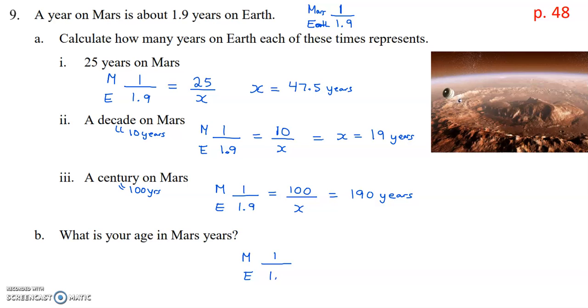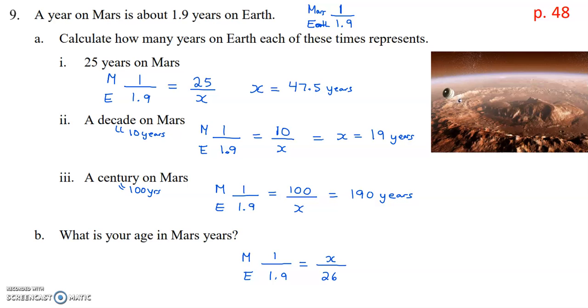So if you are, for example, 26 years on Earth, pardon me, I put my proportion in the wrong place here. So if you are 26 years on Earth, how many is that in Mars years?